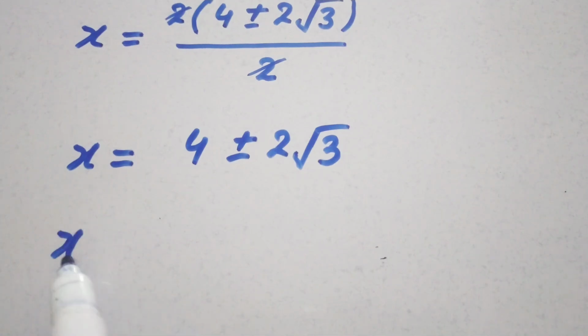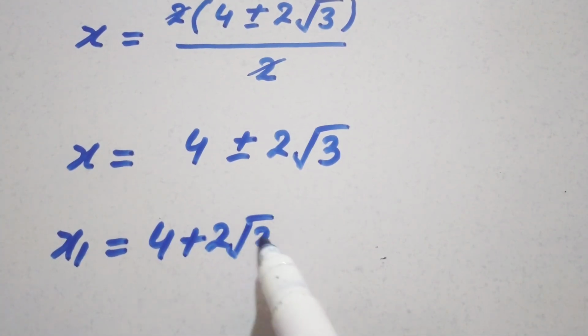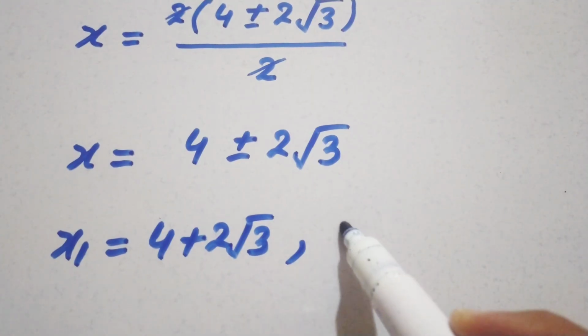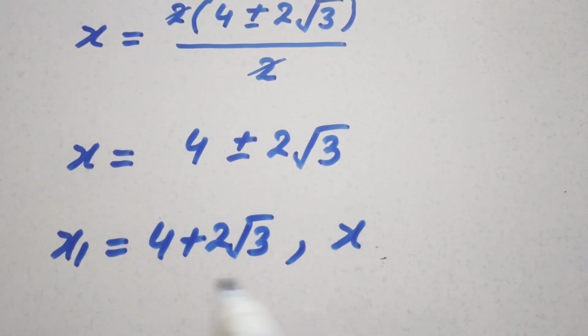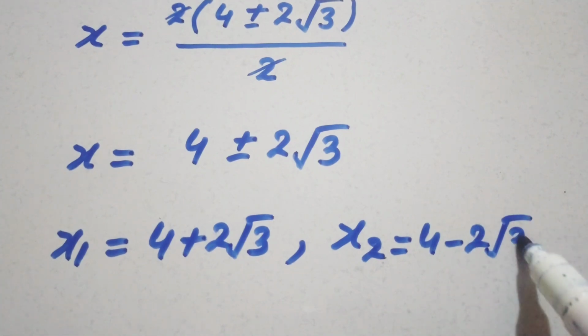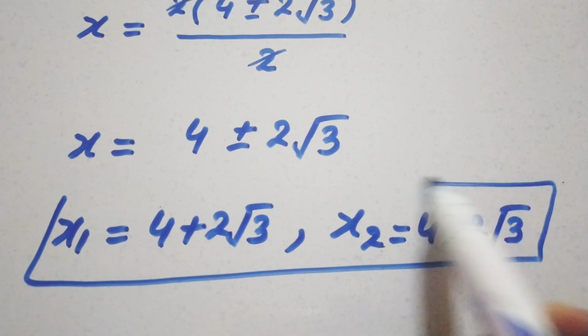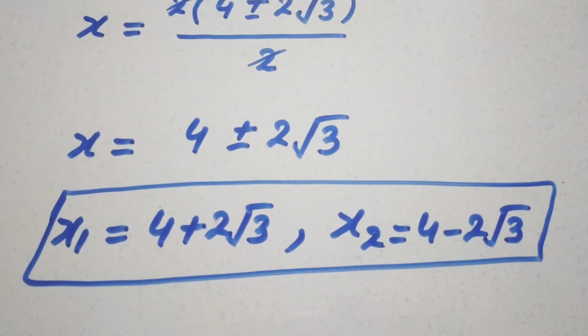So x1 is equal to 4 plus 2 into square root 3, and the value of x2 is 4 minus 2 into square root 3. These are the two solutions for the given question.